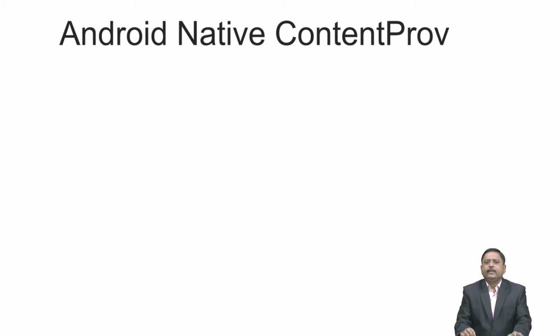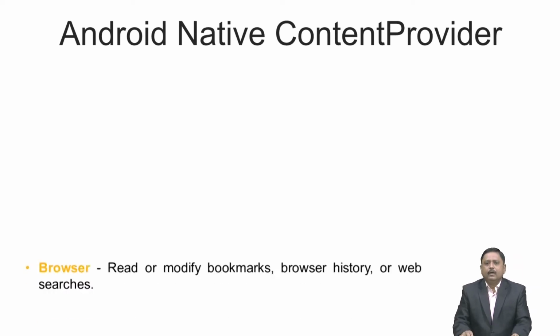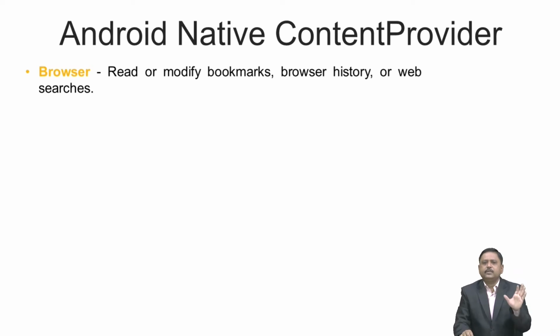Now, let us discuss Android native content providers. The first Android native content provider is browser. It is used to read or modify bookmarks, browser history or web searches. Now, why do we require this content provider?